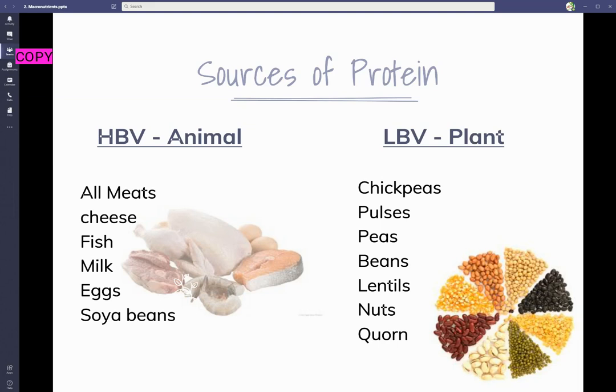Whereas low biological value proteins are lacking in one or more essential amino acids, which is what proteins are built up of. And these usually come from plant sources such as beans, lentils, and chickpeas.